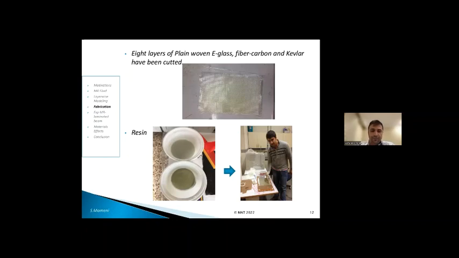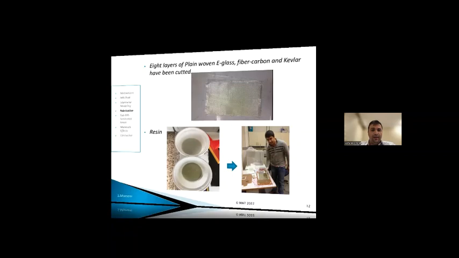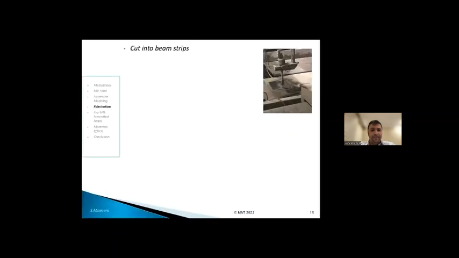After that time, in the next slide, you can see the structure, and you can cut the composite structure into the special dimension with special strips in order to build the MR laminated beam for different layers.